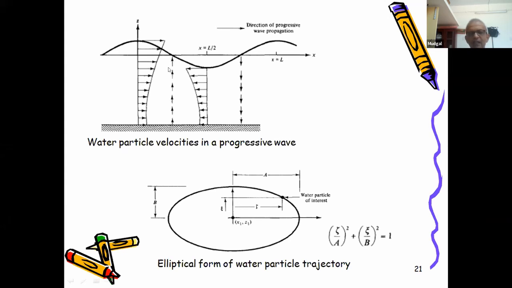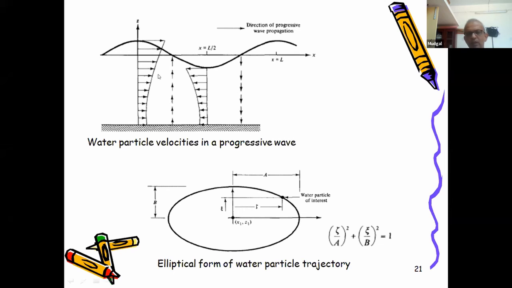Below this point you don't have the horizontal component, and similarly below this point you don't have the vertical component. So here it is purely horizontal component. In between you would have both the components.